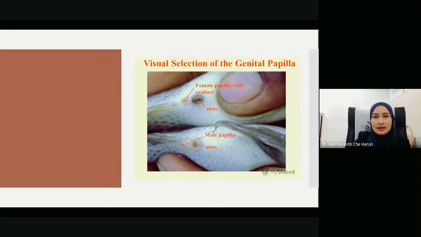So if you look at this picture, you can see the differences between female and male papilla. So normally what people do is to put stain. You can use food stain that you stain at the genital papilla area so that you can see clearly the shape of this part to determine the genital opening and location of the genital opening.